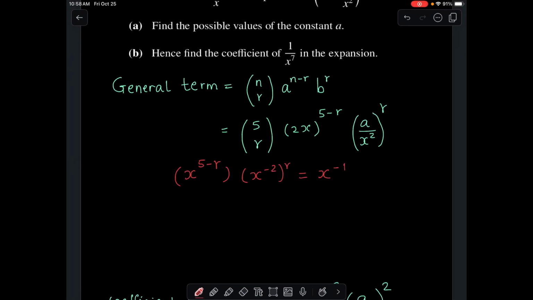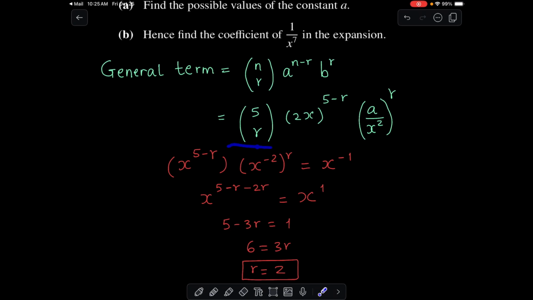Use the rules of indices and set up an equation in r. So that gives me x to the power of 5 minus r minus 2r is equal to x to the power of negative 1, or 5 minus 3r is equal to negative 1, which is 6 is equal to 3r, or r is equal to 2.